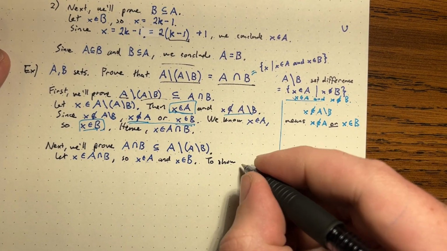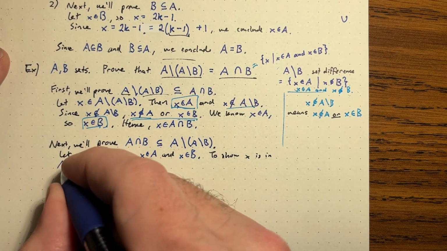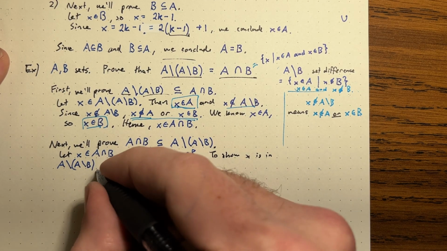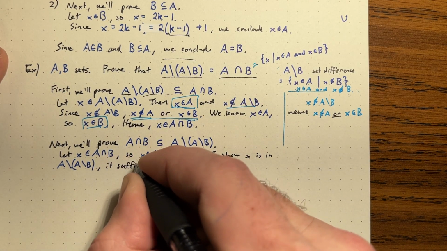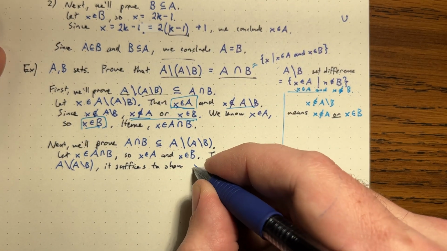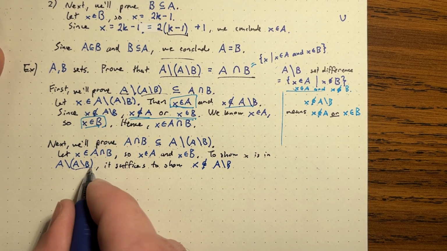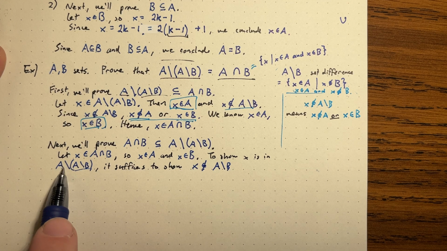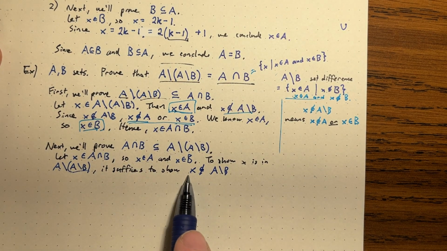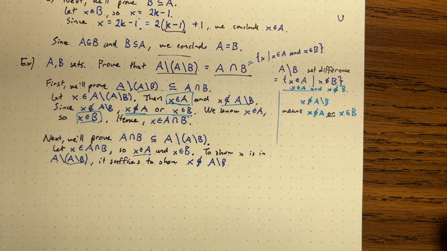So to show x is in A minus B, it suffices to show x is not in this part. Because again, these are things that are in A and not in B. And we know x is in A, so it suffices to show this. We don't have to show x is in A, we already showed that.